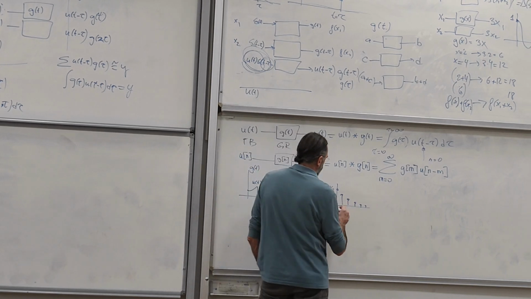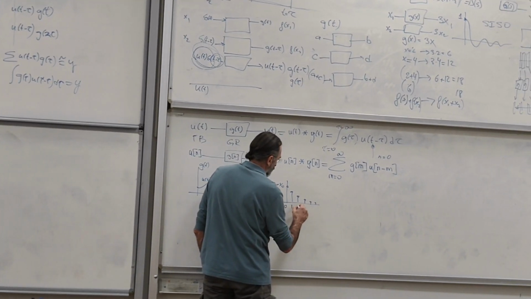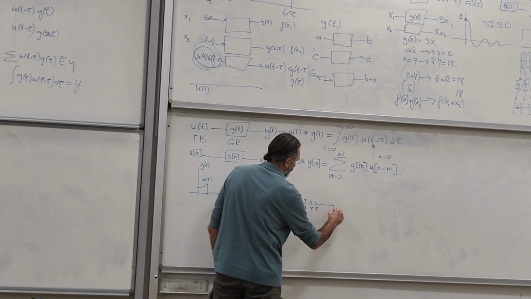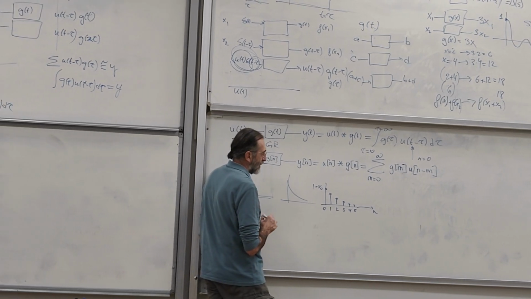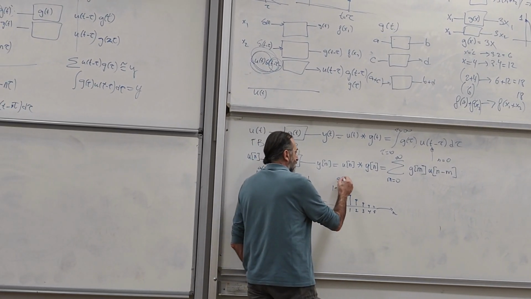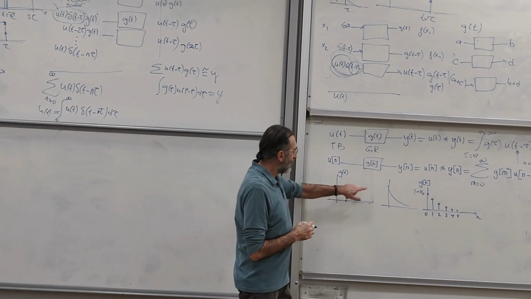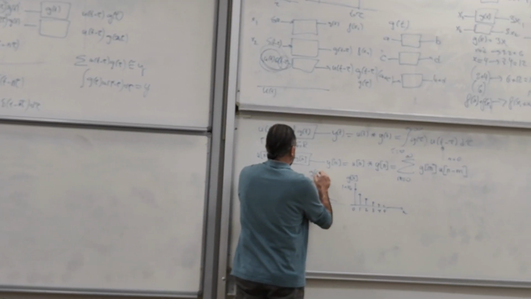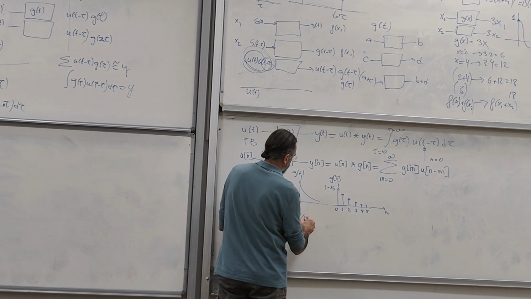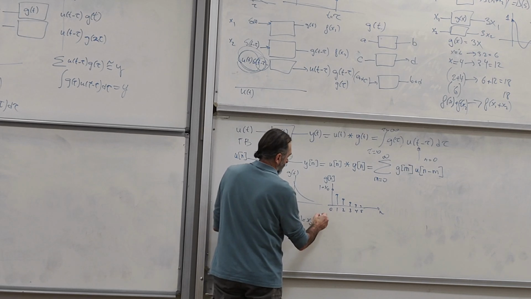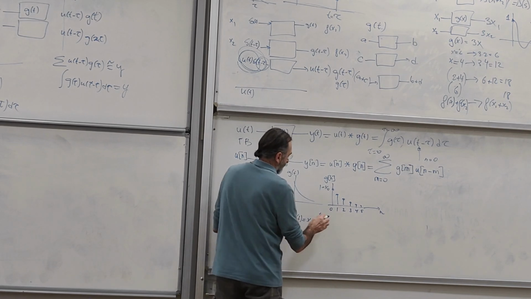Then this is n equals 0, n equals 1, n equals 2, n equals 3, n equals 4, n equals 5, all the way to n. Let's say this is your g of n, just like in g of t. Here your g of t would be x0 times e to the minus t over tau.